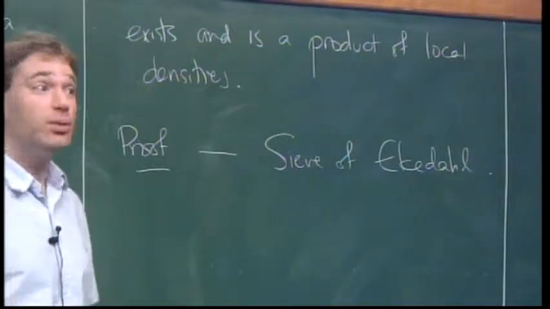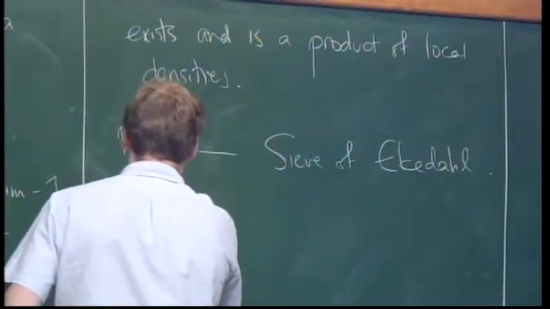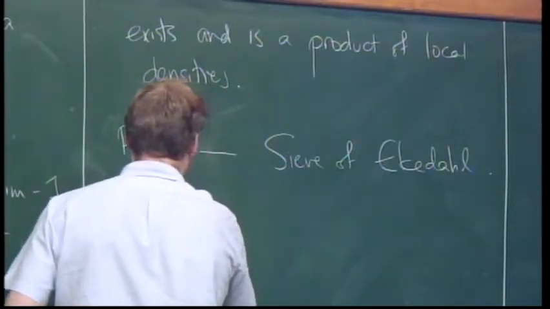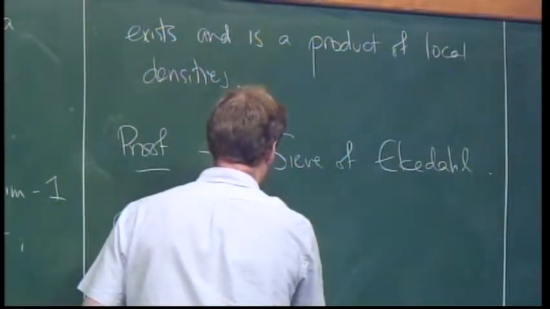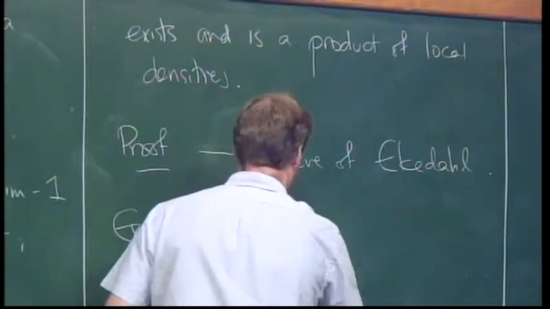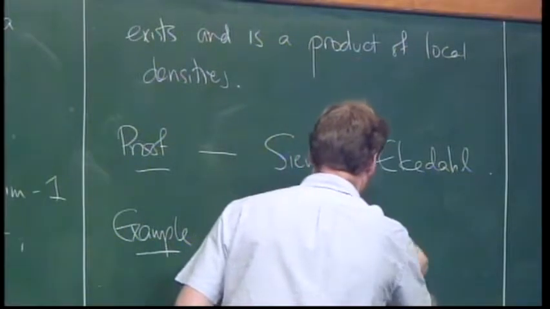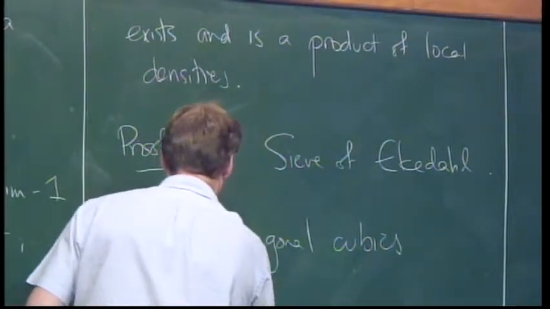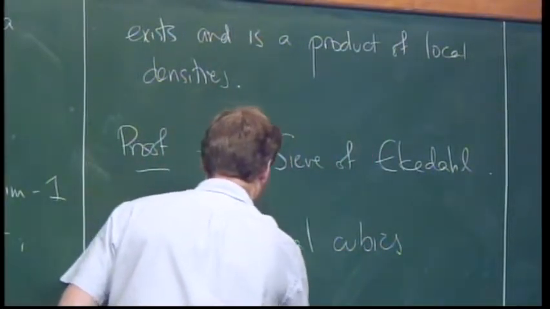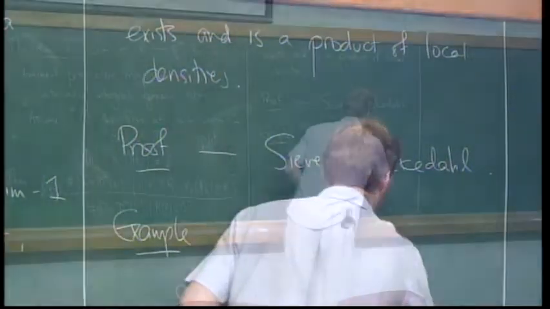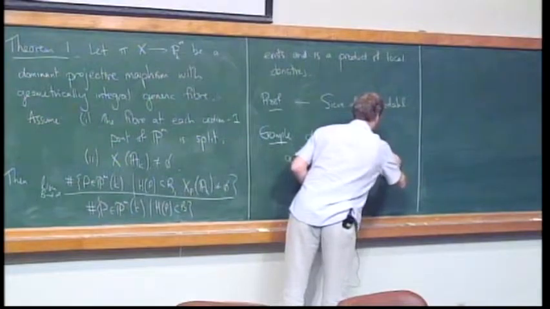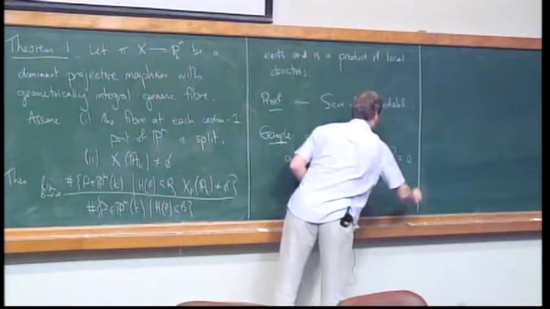But let me give you an example, and this is a family which will occur again later. Diagonal cubic surfaces. So these are of the form a0 x0 cubed plus a1 x1 cubed plus a2 x2 cubed plus a3 x3 cubed equals 0.